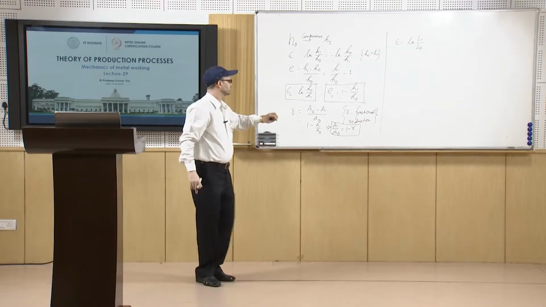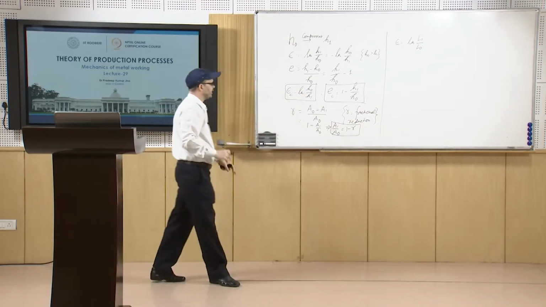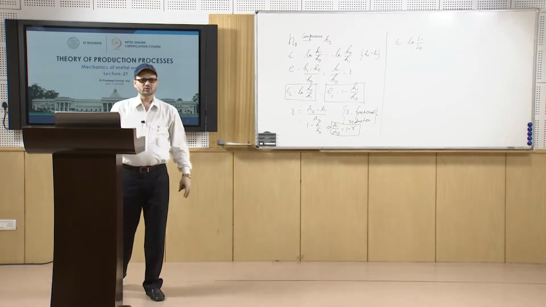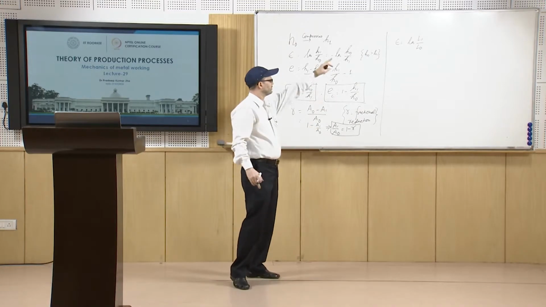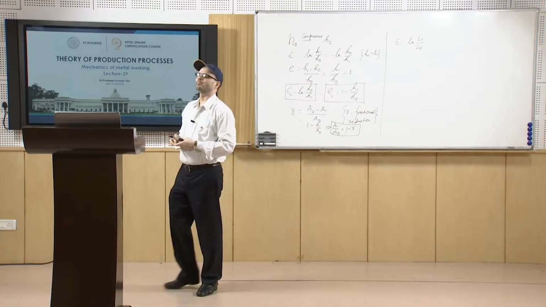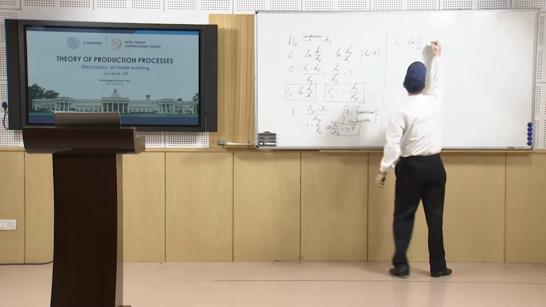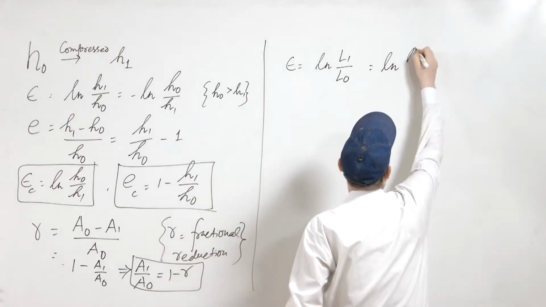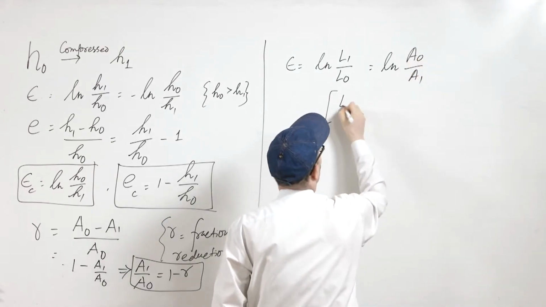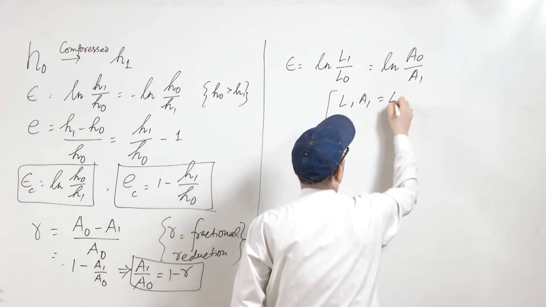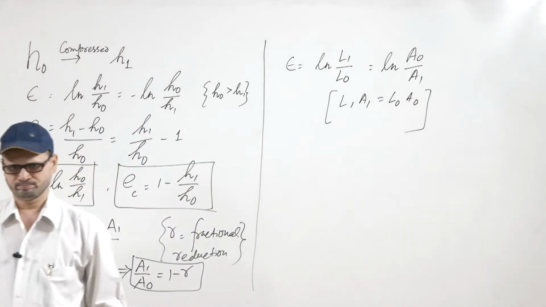Now if you use this constancy of volume, A1 into L1 should be A naught into L naught. Because of that, L1 by L naught will be equal to A naught by A1, so you can further write it as ln A naught by A1. Why so? Because L1 A1 will be equal to L naught A naught, because of the constancy of volume.